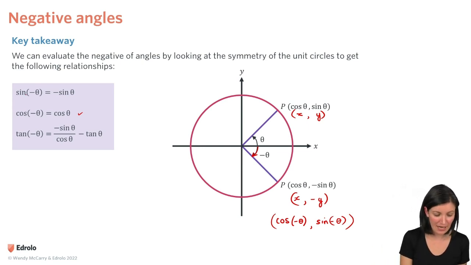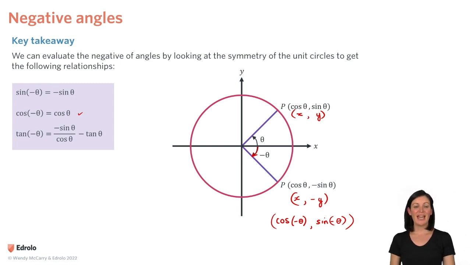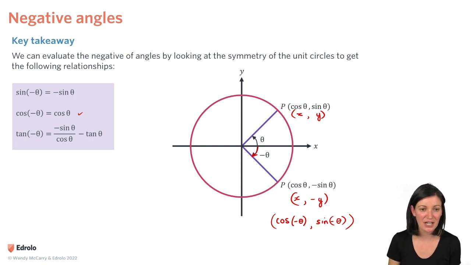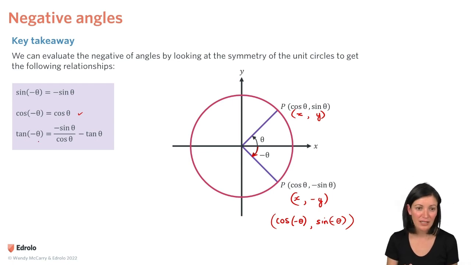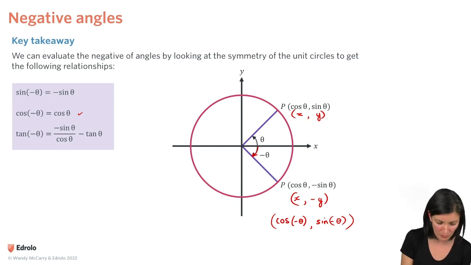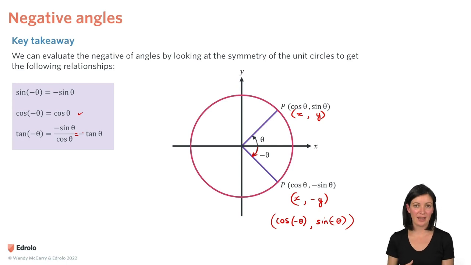So I get that the sine of negative theta is equal to the negative of sine theta. And then similarly, if I'm looking at tangent, I can just look at the relationship between sine and cos. So the tan of a negative angle is equal to negative sine over cos. So it would be equal to, oh, we're missing an equal sign, I'll just add that in, equal to negative tan theta.